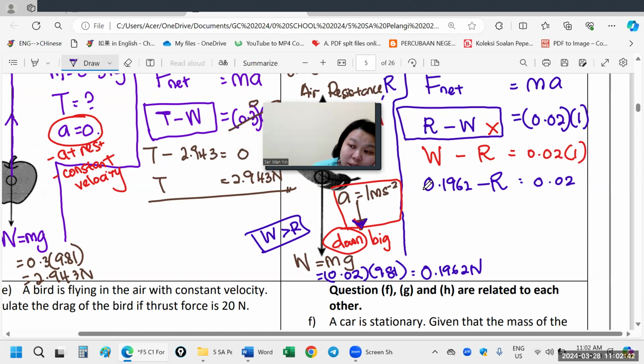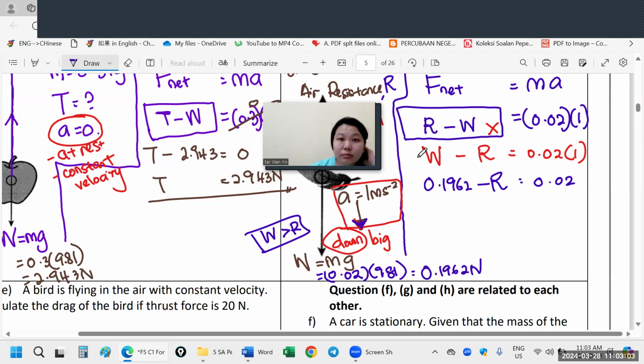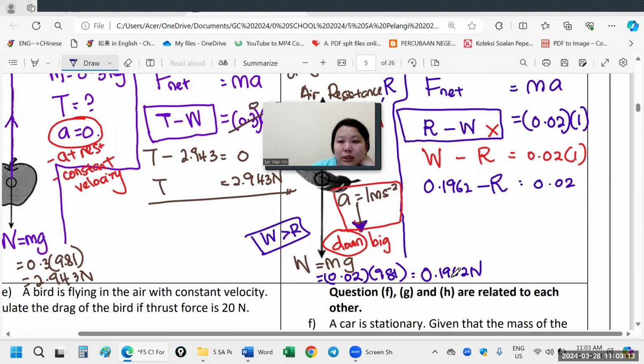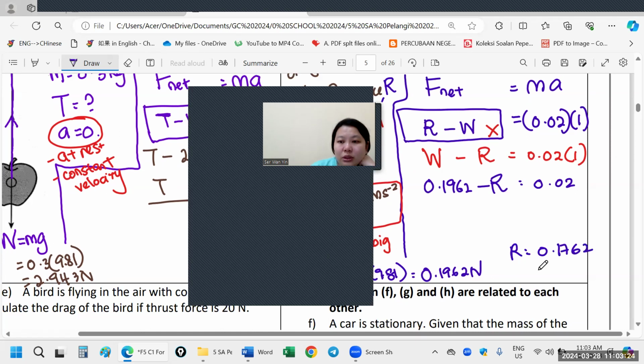Because here there is always a common mistake. 0.1762. Okay, so R equals 0.1762. What else?